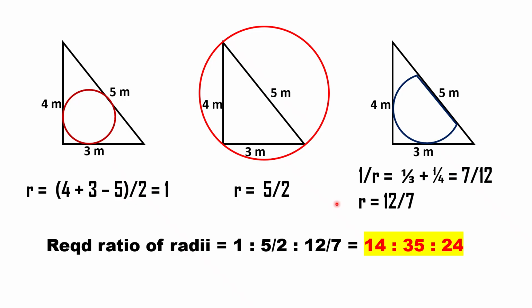Multiply by 14. So 14 is to 35 is to 24. This is the required ratio of the radii of these three circles.